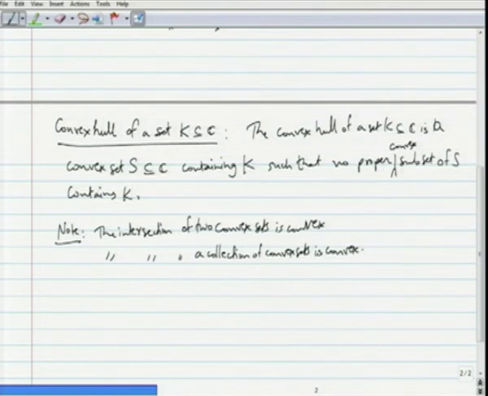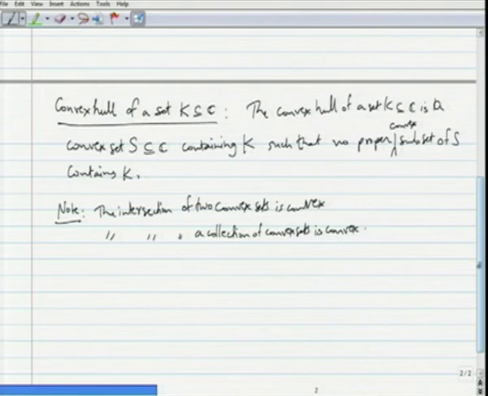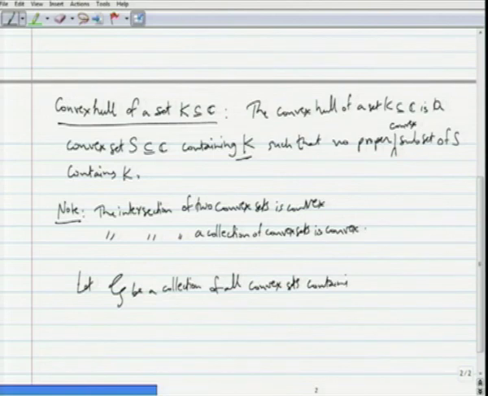So, since this happens, what you do is you consider the set of all convex sets which contain a given K and you take their intersection. So, let G be a collection of all convex sets containing a given set K.